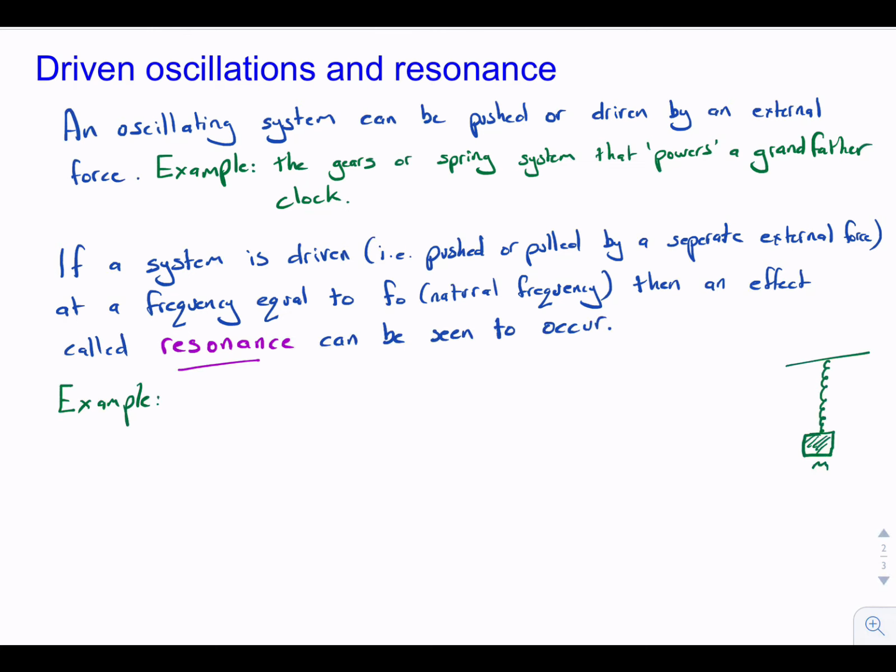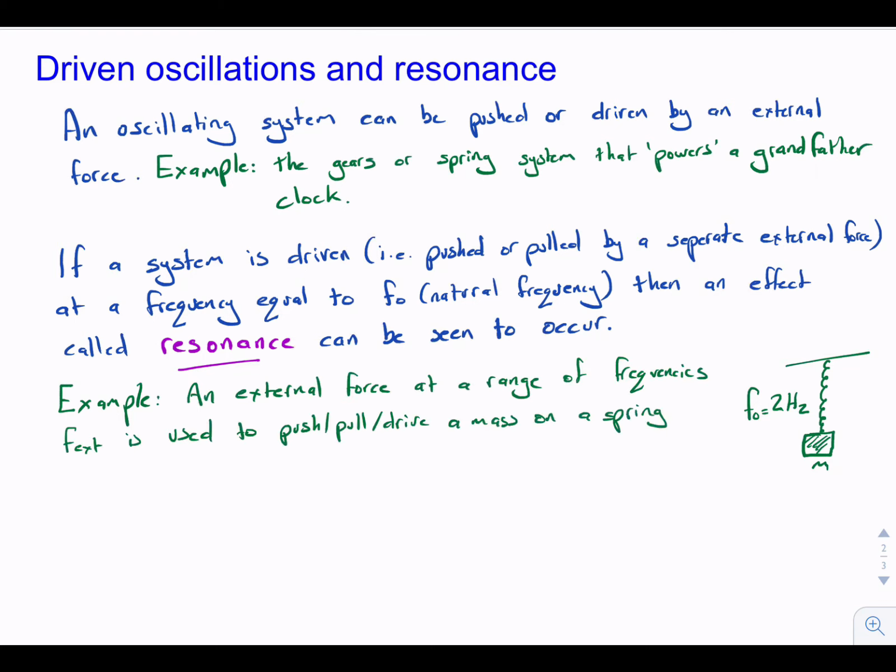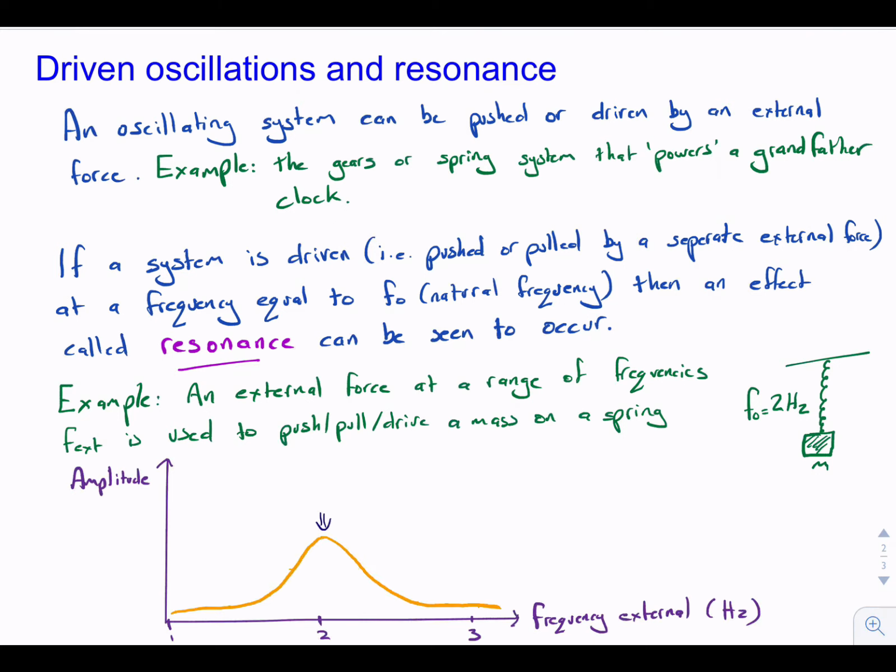Let's plot this to visualize this effect. An external force is used to drive a mass on a spring at a range of frequencies. The natural frequency of the system equals 2 Hz. So if we plot here the amplitude as a function of the external frequency, we can see what happens when we drive this system at a range of different frequencies.